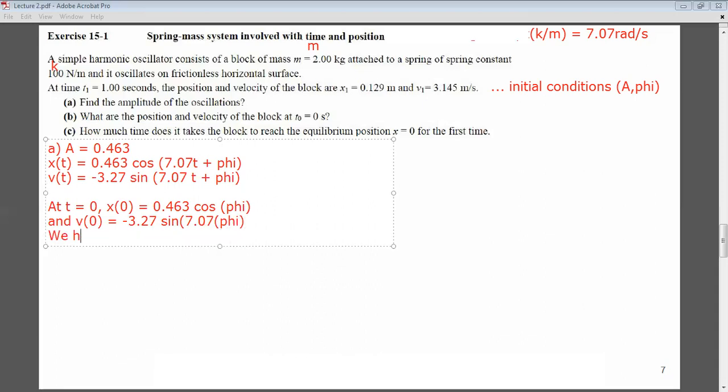So we have to find phi. How to find phi? Remember, we find phi from the initial conditions.